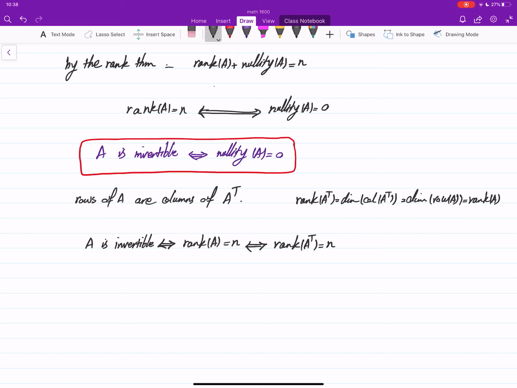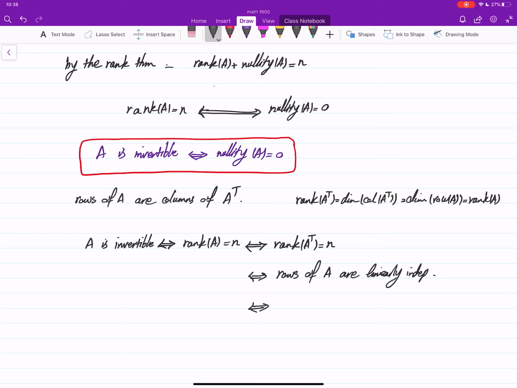Well, then write down all the conditions that we have. The columns of A transpose need to be linearly independent, but the columns of A transpose are the rows of A, so the rows of A are linearly independent.